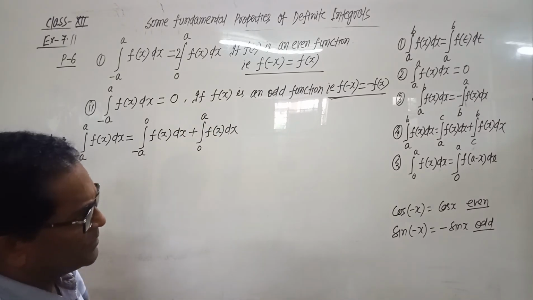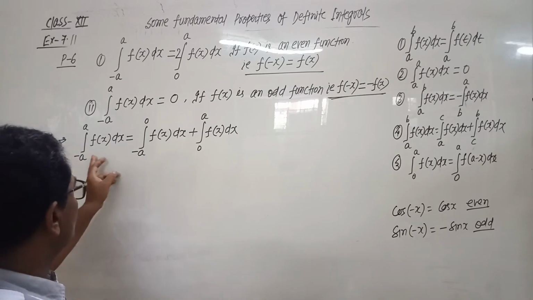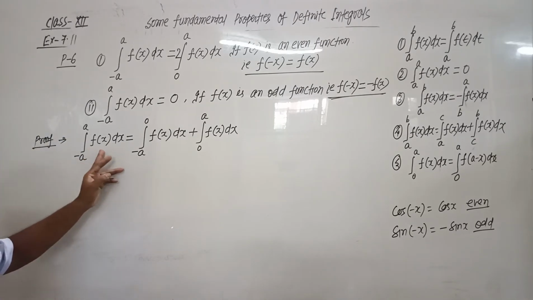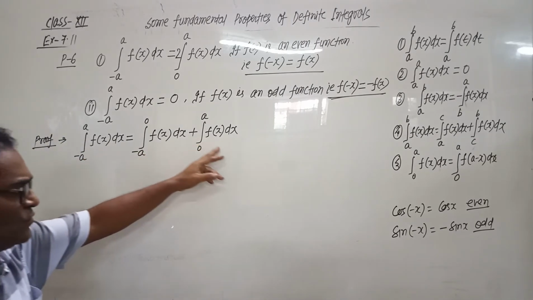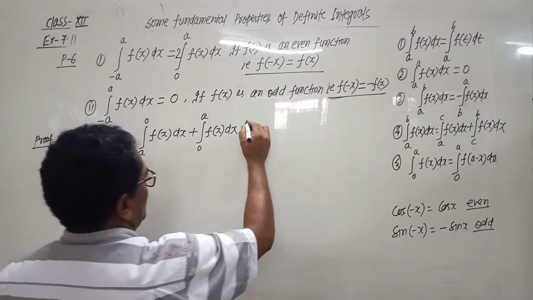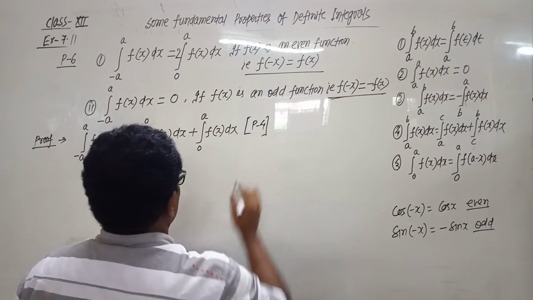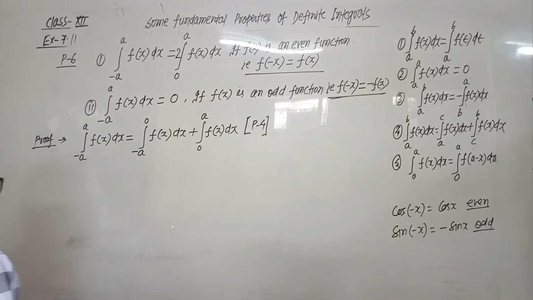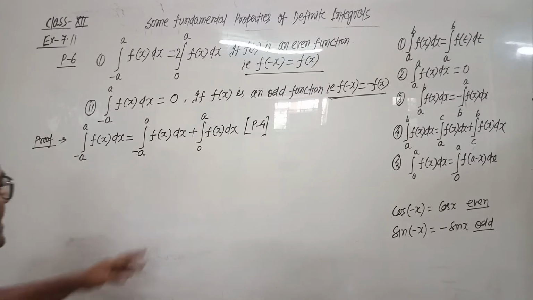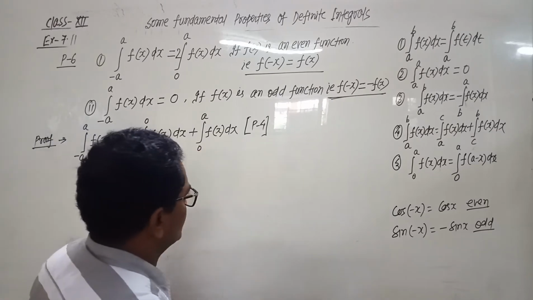By using property number 4, decomposition, we can decompose this function into two functions. So we can write minus a to a f(x) dx equals integration minus a to 0 f(x) dx plus integral 0 to a f(x) dx.